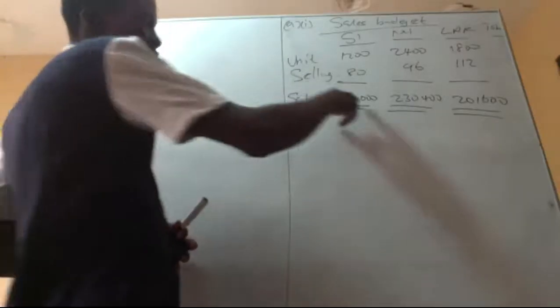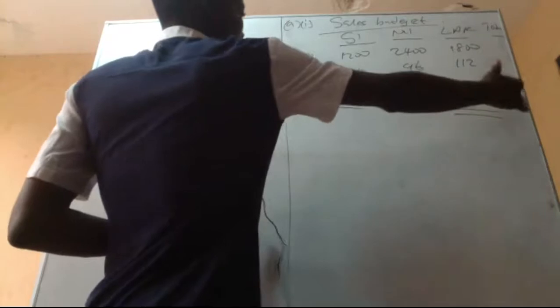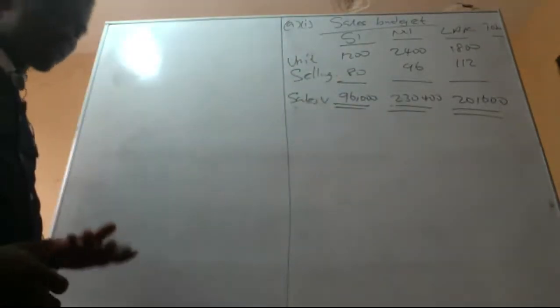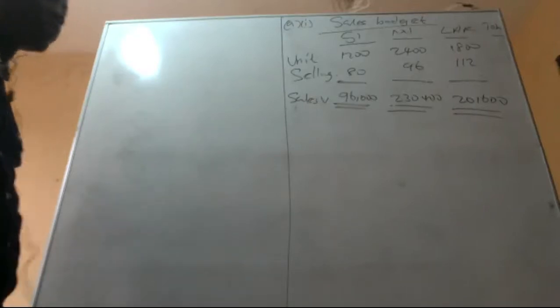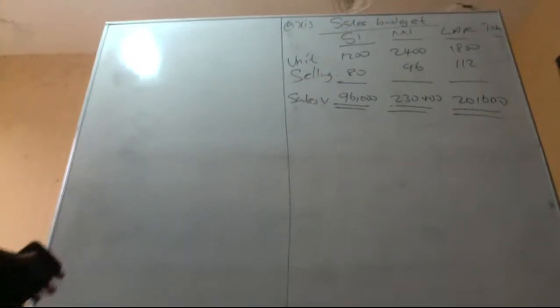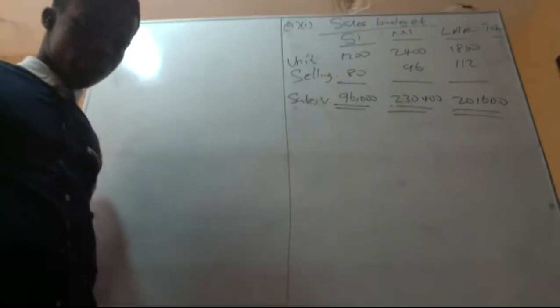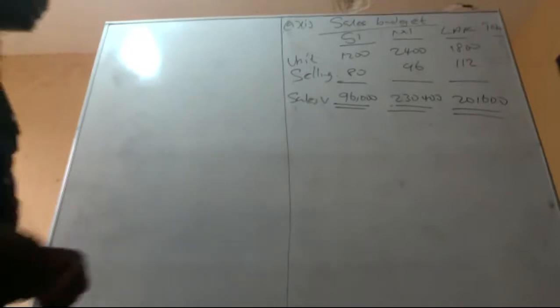You total this section and put it there. So that's your total budgeted sales revenue. It's so straightforward and so basic. So that is it. Now let's move on to the next.